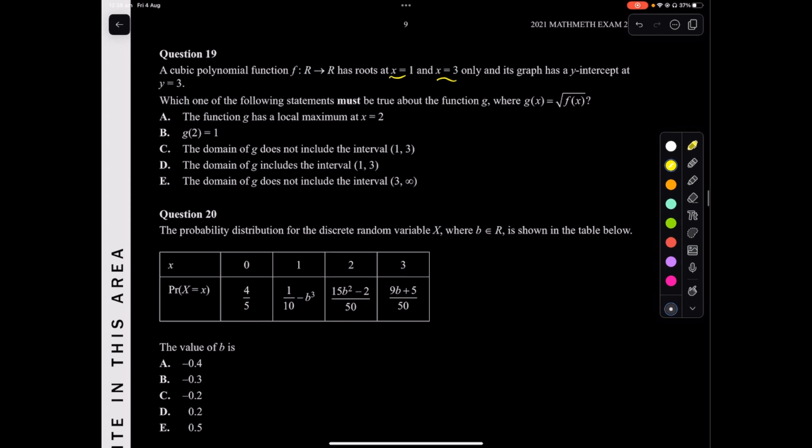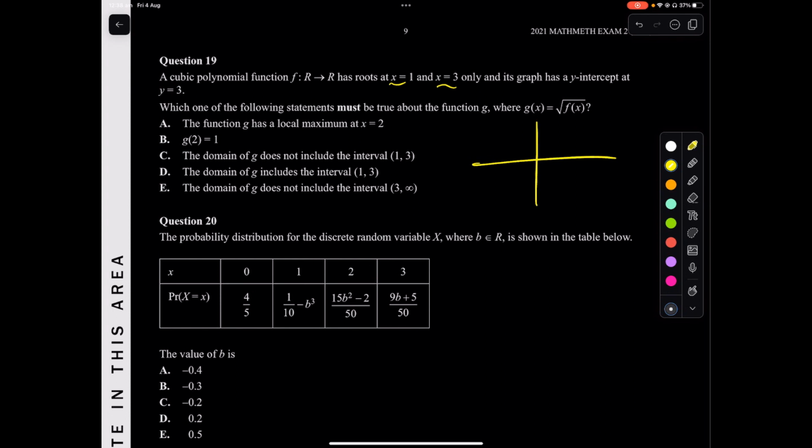So what I'm going to do is first really draw a graph. Let's say the repeated root was this over here. So we have 1 here and 3 over here. And let's say the repeated root was 3. So it would be like this, like that, and like that.